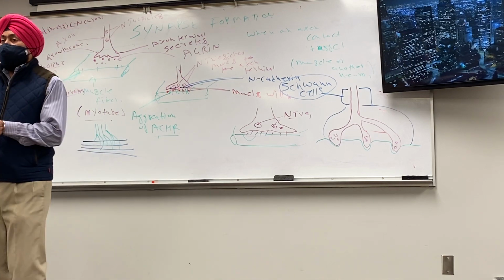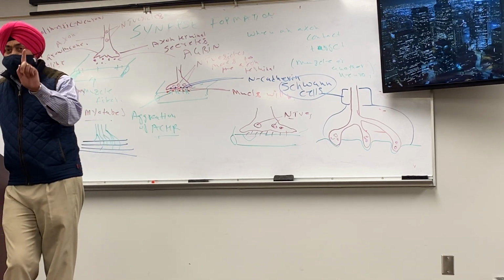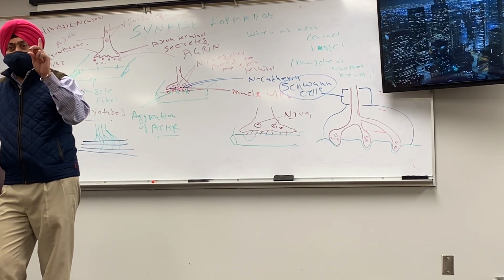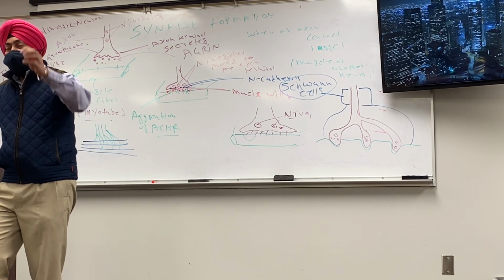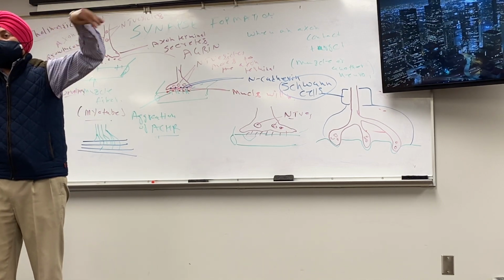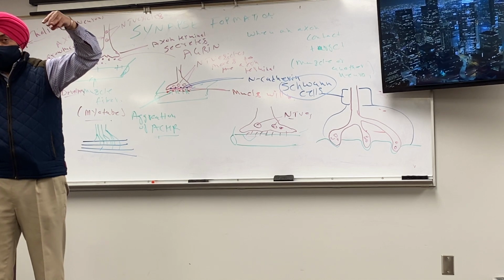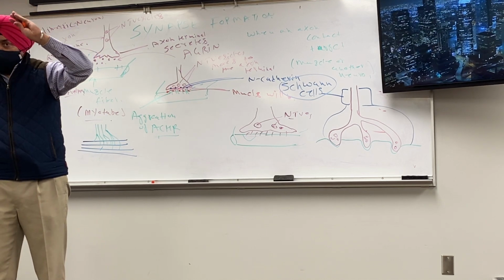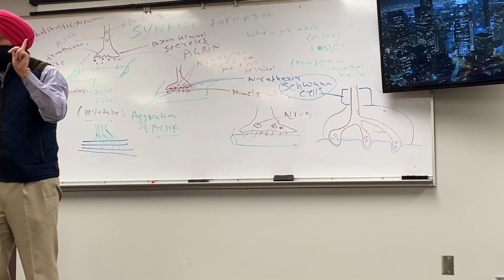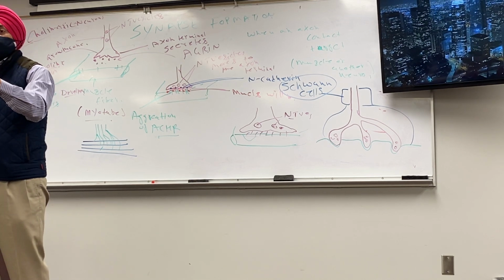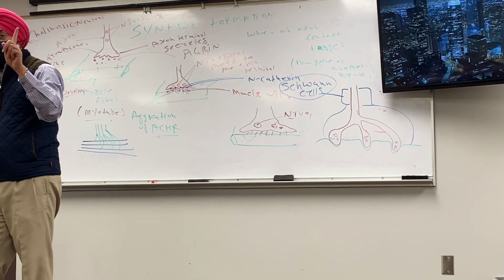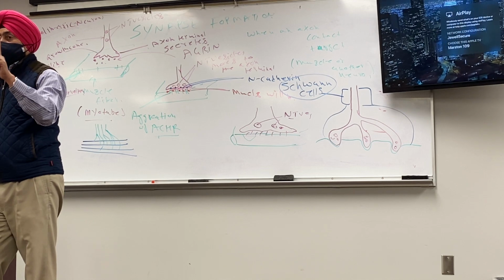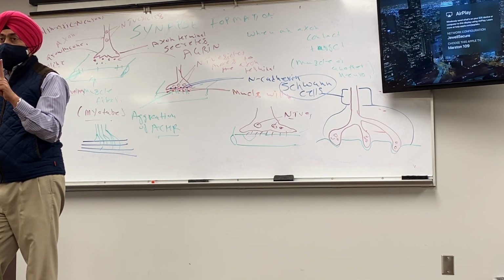So you can have multiple neurons, this is the important thing, multiple neurons making connections on a single muscle fiber. That can happen during the development. But only one axon can make a connection to one muscle fiber. Making sense?